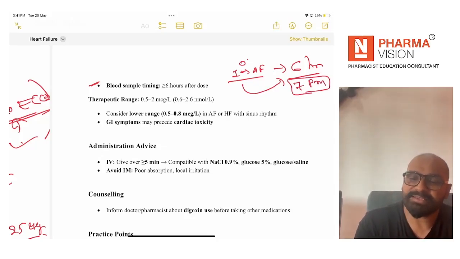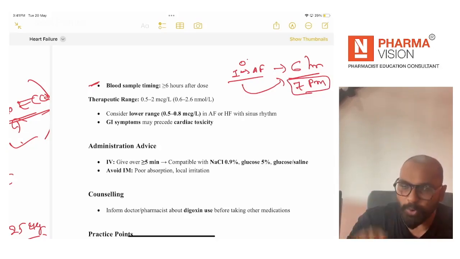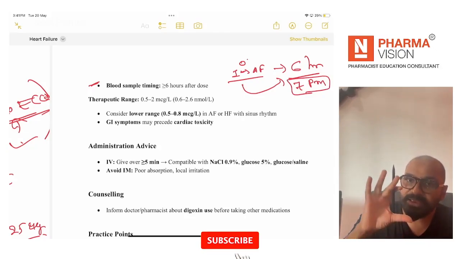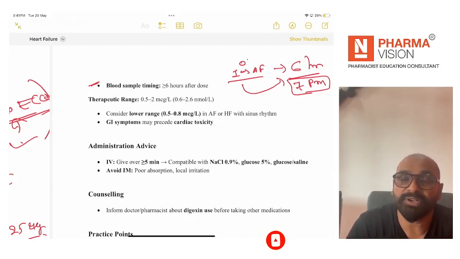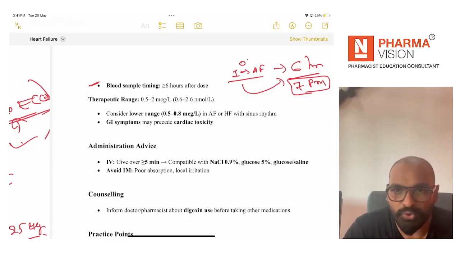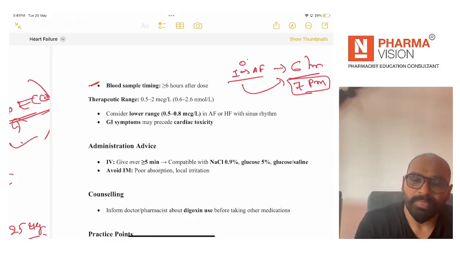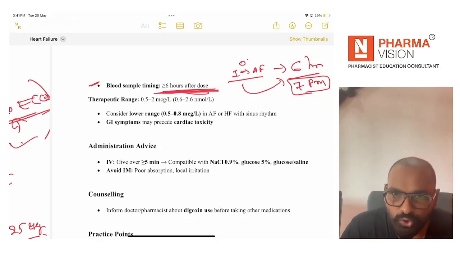Why? Because in 6 hours the medication is properly and evenly distributed in the body. So when we take the plasma samples, that is going to represent the properly distributed concentration. Okay, so this 6 hours is another fact that you must remember.